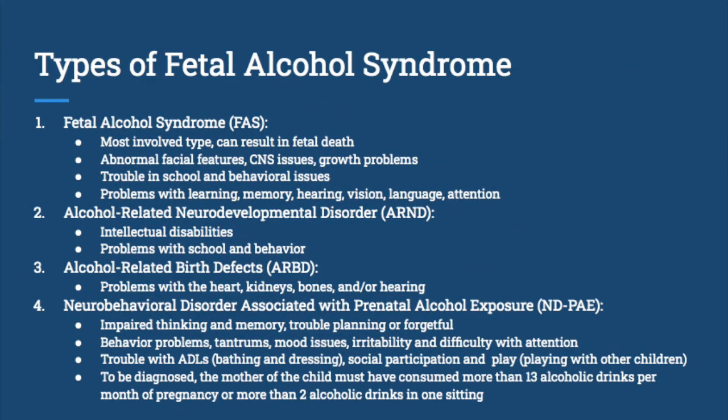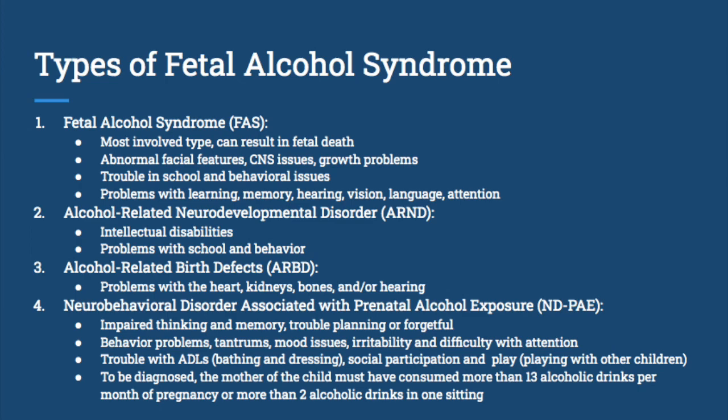There are different types of fetal alcohol syndrome. There is fetal alcohol syndrome, alcohol-related neurodevelopmental disorder, alcohol-related birth defects, and neurobehavioral disorder associated with prenatal alcohol exposure. Each of these vary in level of severity and can affect the child differently.